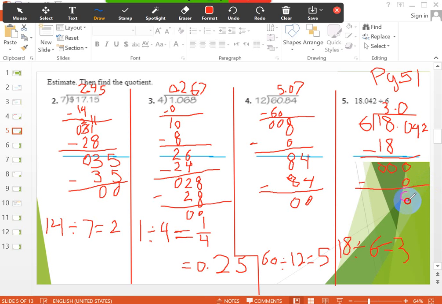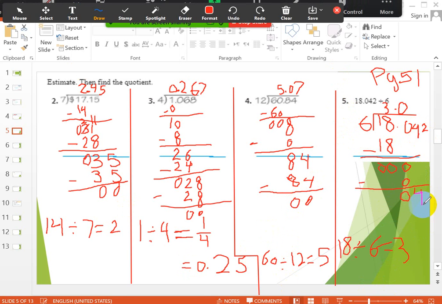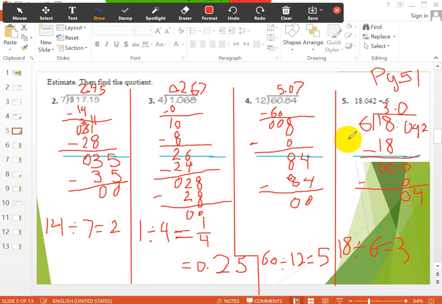So the answer will be 0 also. What I have to do is take the 4 and put it next to the 0. So it will be 4 divided by 6. Can I divide 4 by 6? I can't, because 4 is less than 6, less than the divisor.